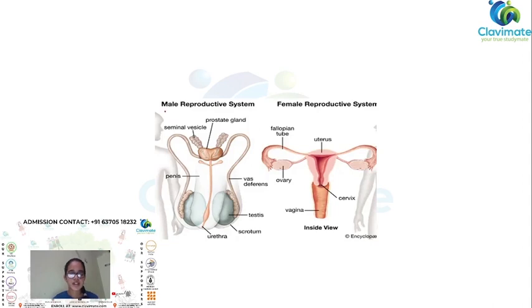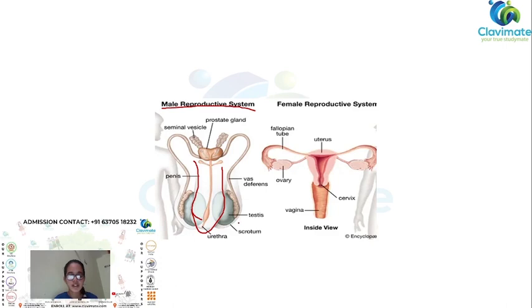So coming to the male reproductive system. The major part, the male genitalia, is the penis. As you can see in this diagram, this is the penis. So these are the parts.